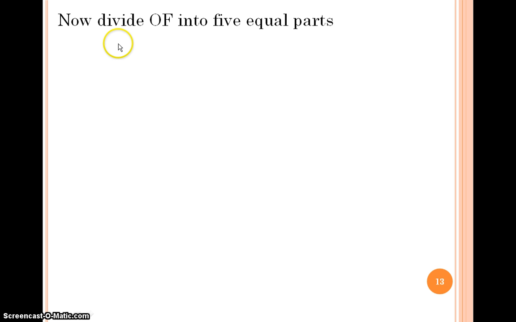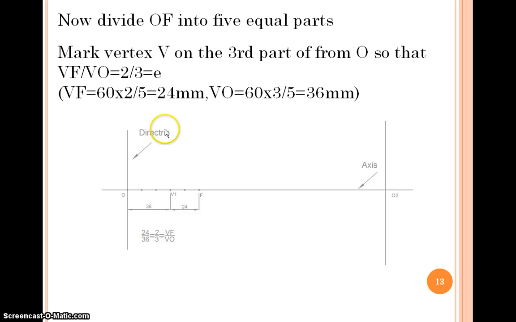Next, you have to divide this OF into 5 equal parts, because we have an eccentricity of 2 by 3. So 2 plus 3 is equal to 5.